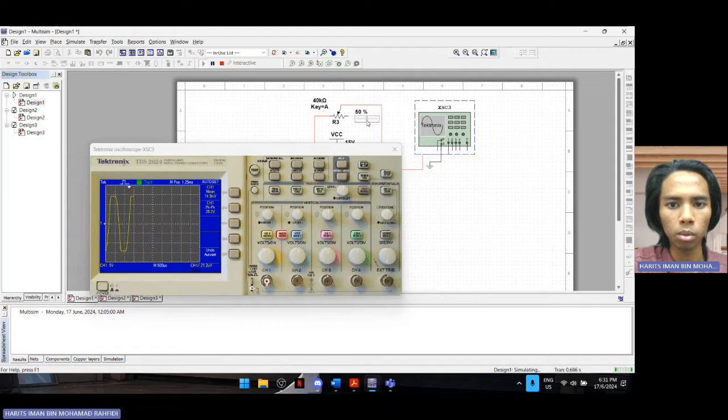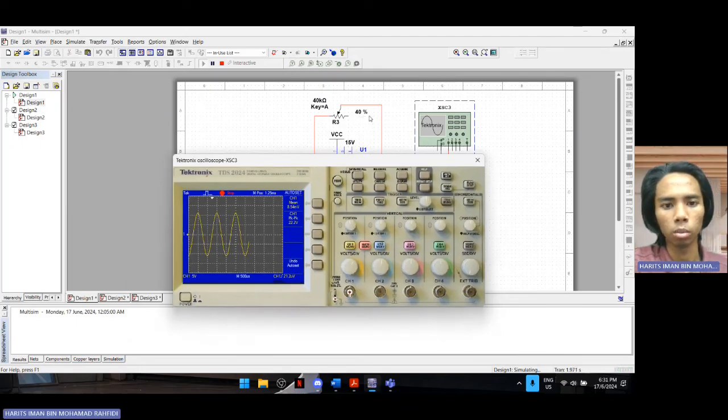As you can see at 50%, there is distortion in the wave signal, so we need to lower the percentage until we get a smoother waveform, which is at 40%. You can see a smooth waveform being generated at 40%.